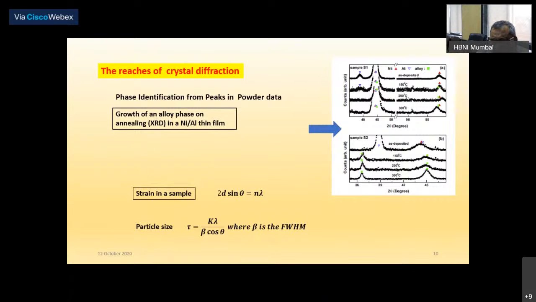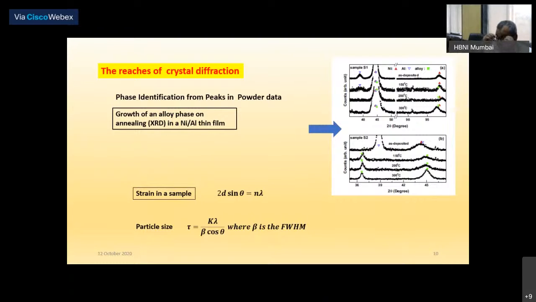And another example, apart from thermal parameters, is particle size. We know that the peak width, if it is a perfect crystal, should be a delta function, of course convoluted with the resolution of the instrument. But often, especially when some phase is growing, like in this case, we could see that the Ni3Al phase was growing in a nickel aluminum layer, and the average size of those grains one can evaluate from the width of this peak if we can take out the instrumental resolution.